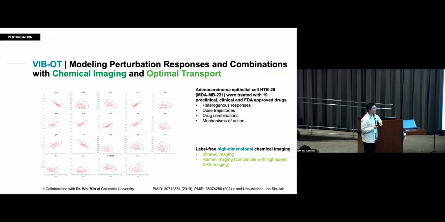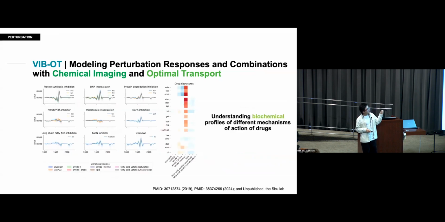Because we're using high-dimensional chemical imaging, I give you two examples, infrared and Raman imaging. If we do Raman, it's also compatible with a faster version of Raman, which is stimulated Raman, SRS imaging as well. So you can get spectrum information at high dimensionality.